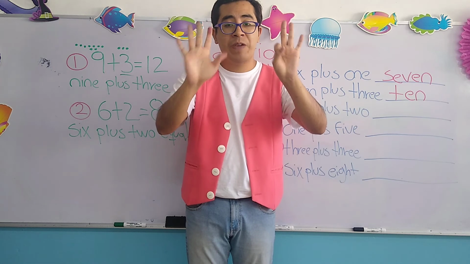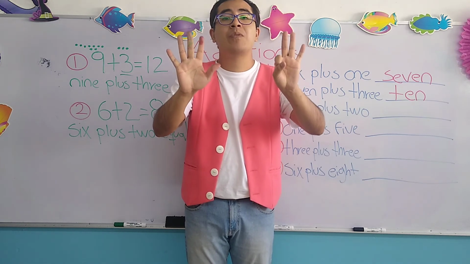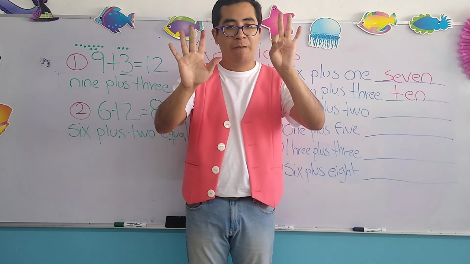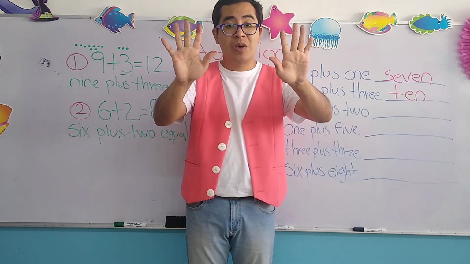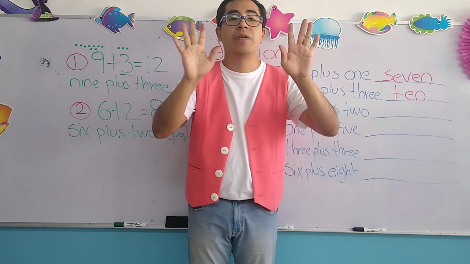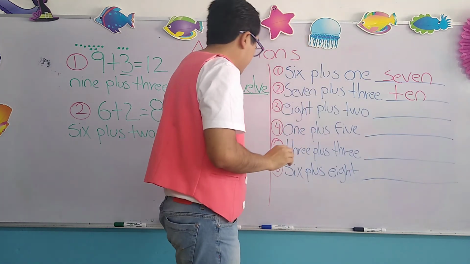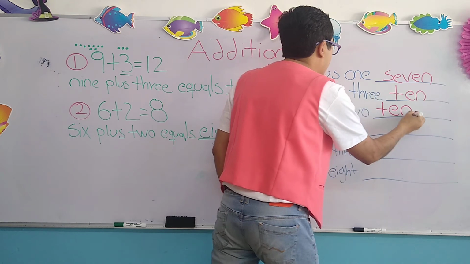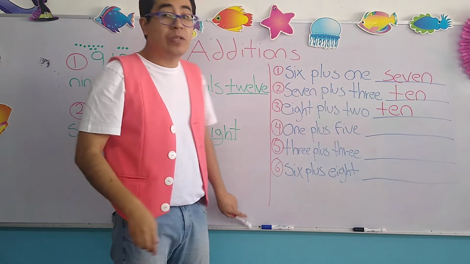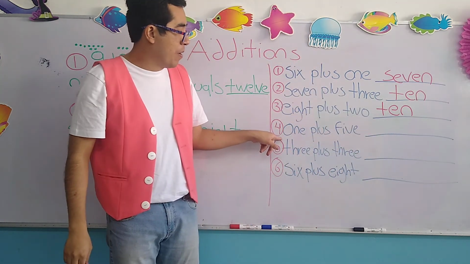Los mantenemos fijos así y levantamos 2 más. 2 more. 1 and 2. So what's the result? Once again, number 10. T-E-N.